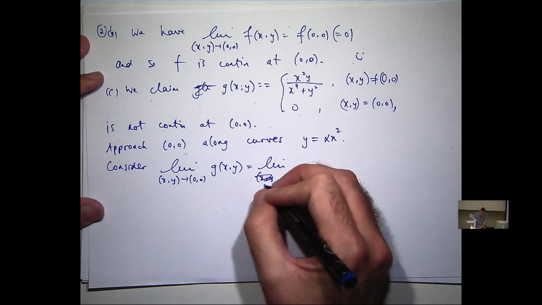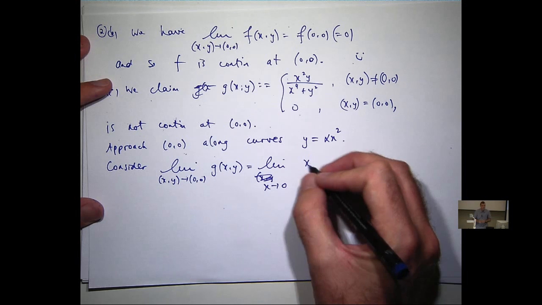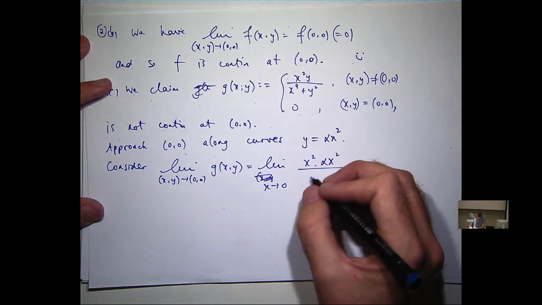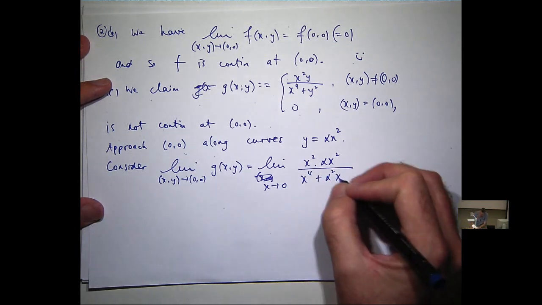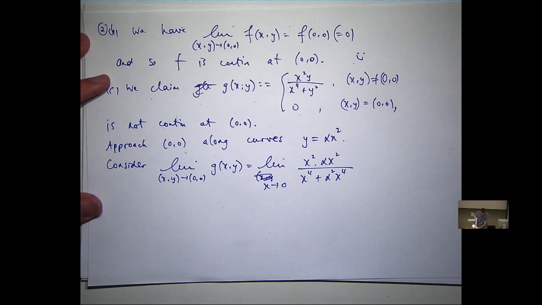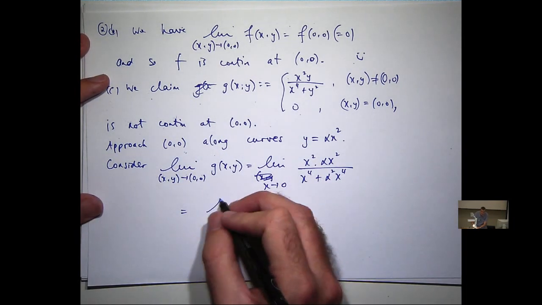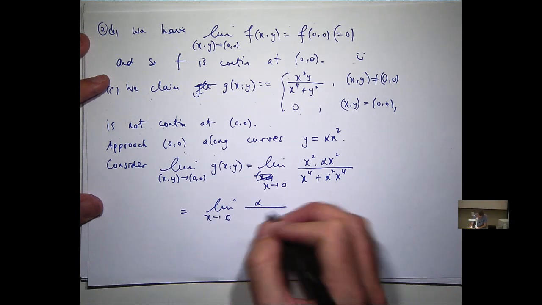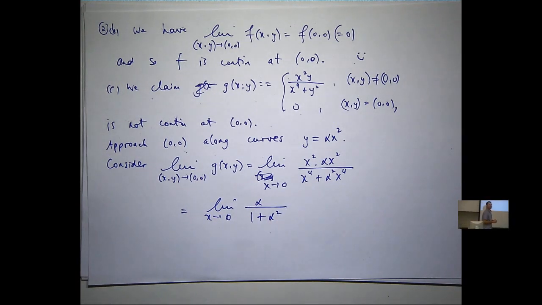X approaches 0. So I'm going to just sub in for y. Now I can cancel off those x to the fourth. Now, x is approaching 0 here.